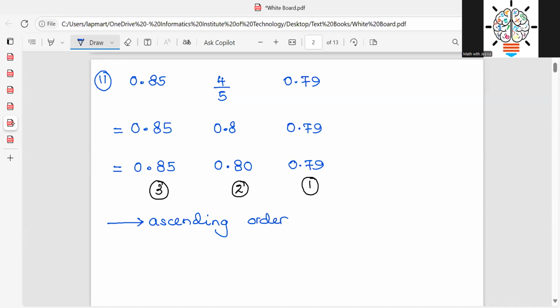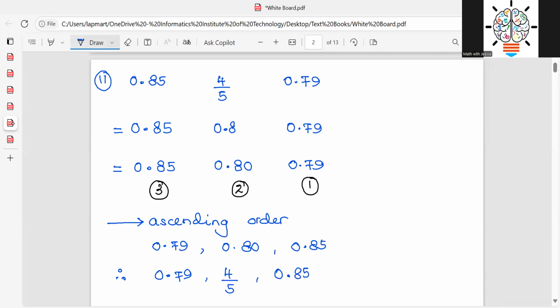Then I write 0.79, then I have 0.80 and 0.85. Therefore, I write this 0.79 as it is, and 0.80 I can write as 4 over 5. And then 0.85. So that is the answer.